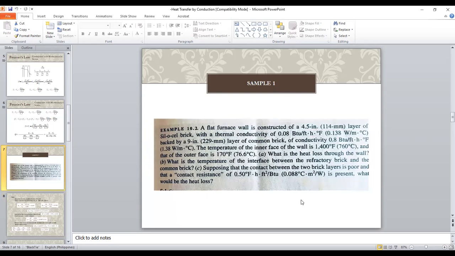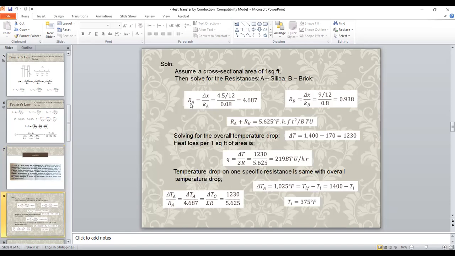There's nothing wrong with assuming a cross-sectional area of 1 square foot, because what you will be getting is the heat flux, the rate of heat transfer per square foot of material. So if you are given the entire area of the wall, all you have to do is multiply the heat flux by the total area of your wall. That would then be the total amount of heat transferred per unit time.